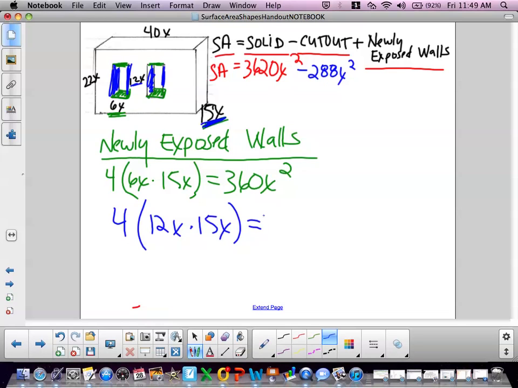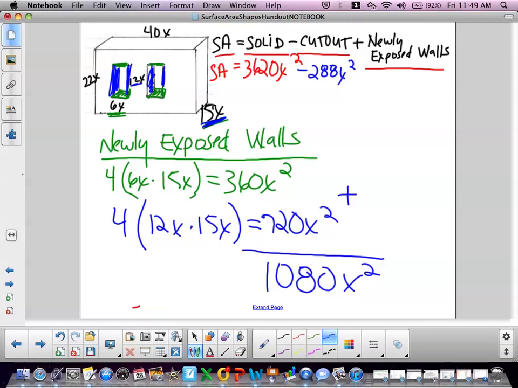That gives me 720x squared. When I add these two numbers together, that gives me the total new area that has been exposed. And I come up here to add this. And let me clean up the board and let's wrap this up.